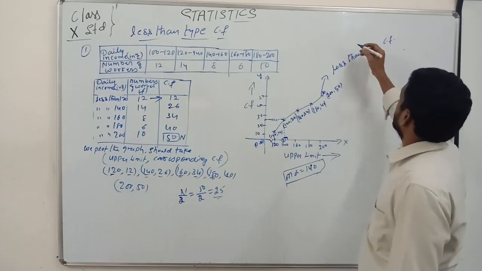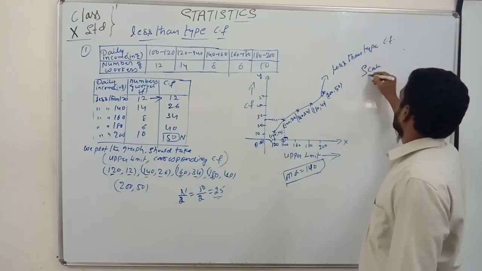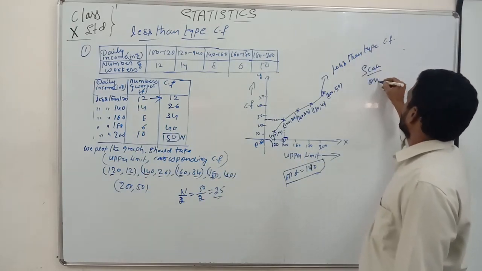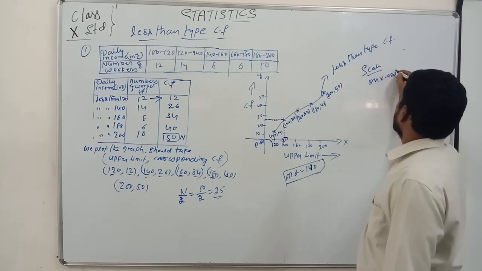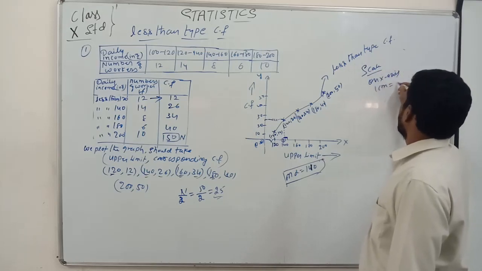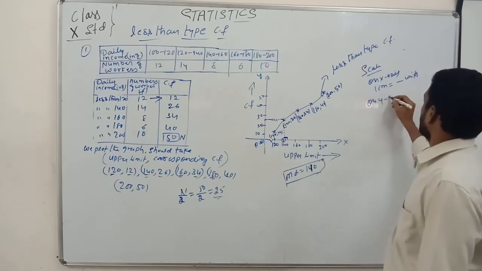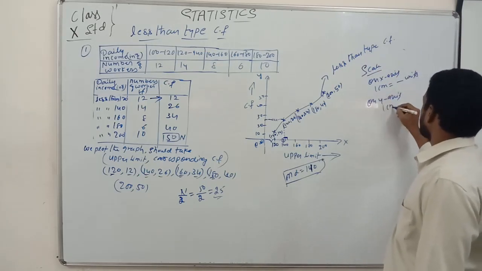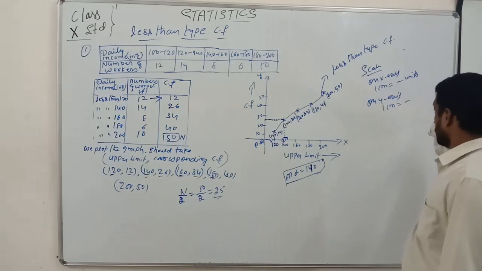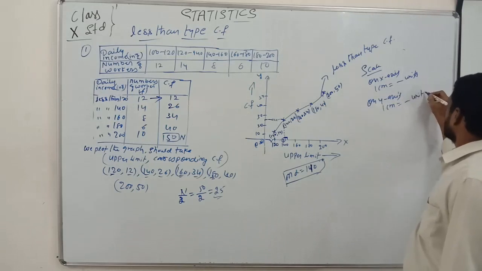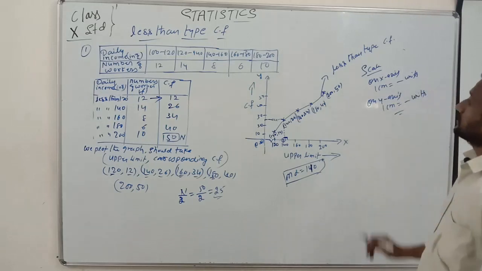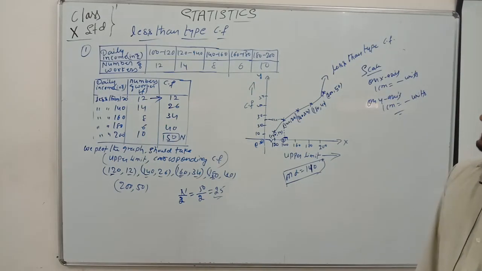Finally you can write the scale also. On the x-axis, 1 centimeter is equal to how many units, you write it. Similarly on the y-axis, 1 centimeter is equal to how many units you have taken. So this is how to do the less than type cumulative frequency.